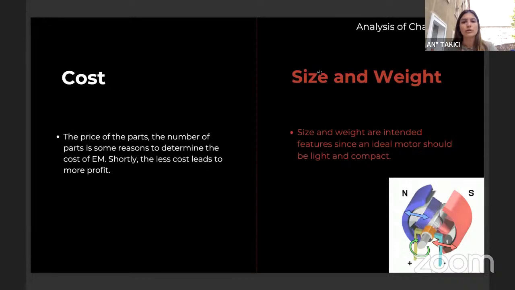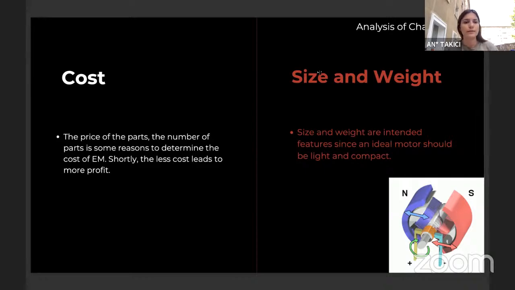Cost, size, and weight are the other features that we care about, because cost is really important for car manufacturers. Also, this study tries to give an ideal electric motor to car manufacturers, so cost, size, and weight are important for them. The cost is the price of the parts. The number of parts is one reason that determines the cost of the electric motor.